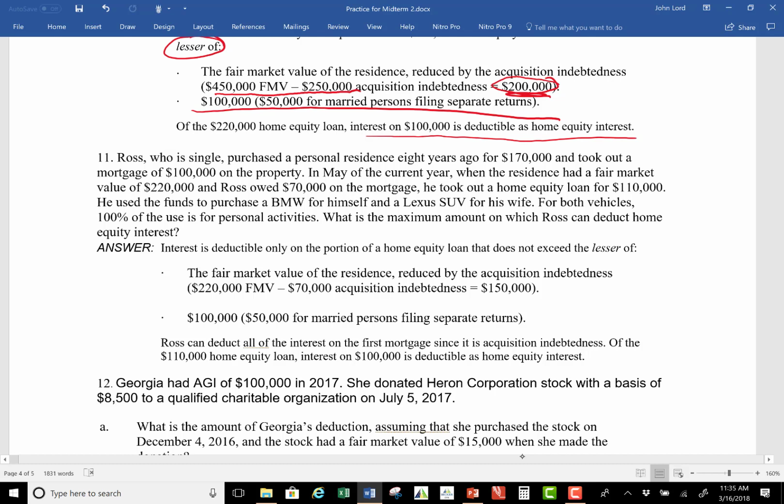In May of the current year, when the residence had a fair value of 220,000 and Ross owed 70,000, so he's got 150,000 of equity in there, right? Then he took out a home equity loan for 110,000, and he used the funds to purchase a BMW for himself and a Lexus for his wife.